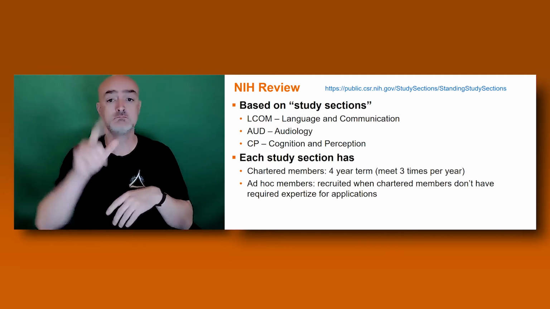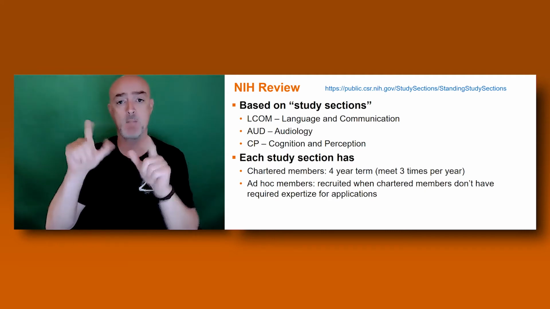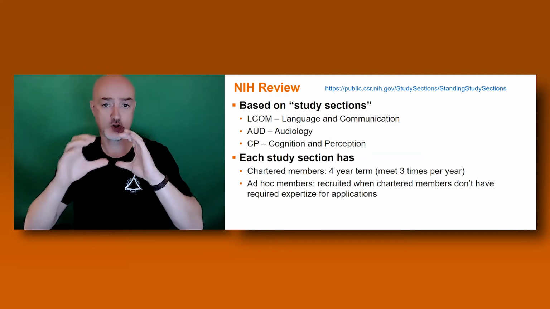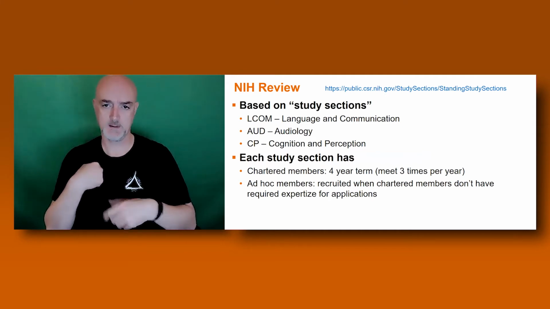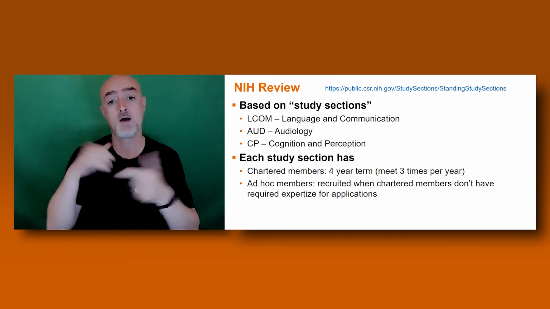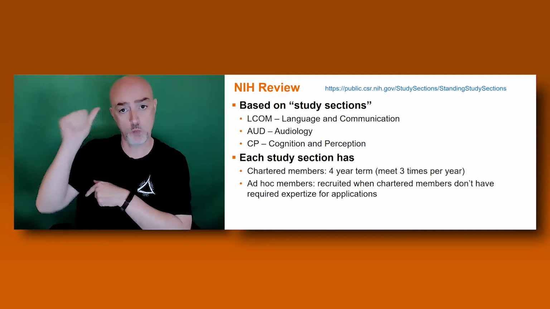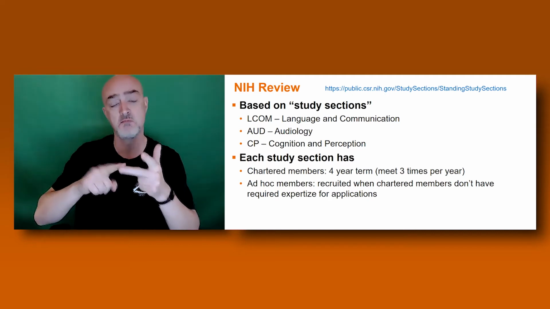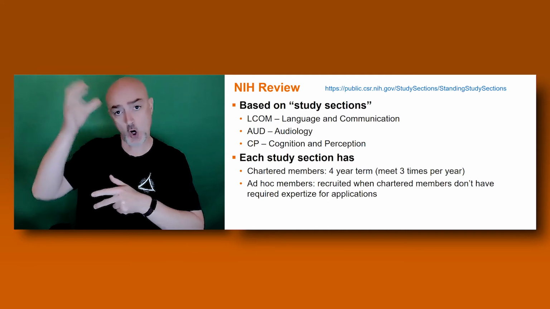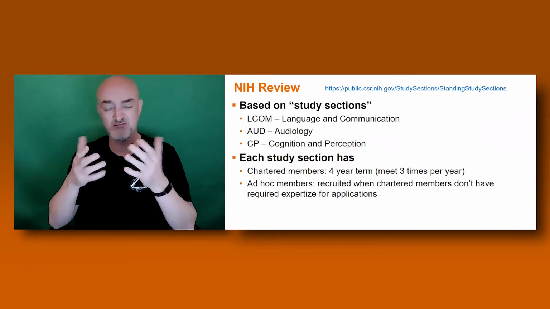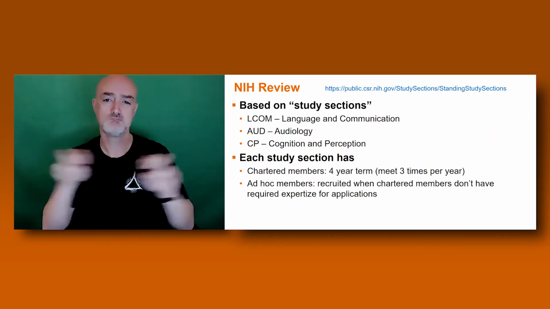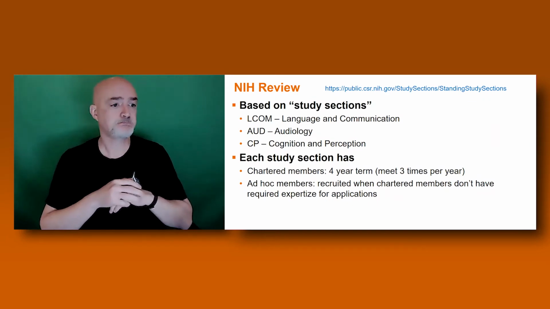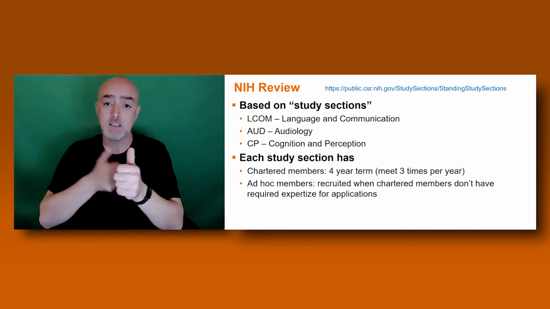The first is LCOM, which is language and communication. That's one study section, and I work pretty frequently on that committee. There's also audiology, and the third is cognition and perception, which we label CP. I think there are over 100 different review panels or study sections in that area.